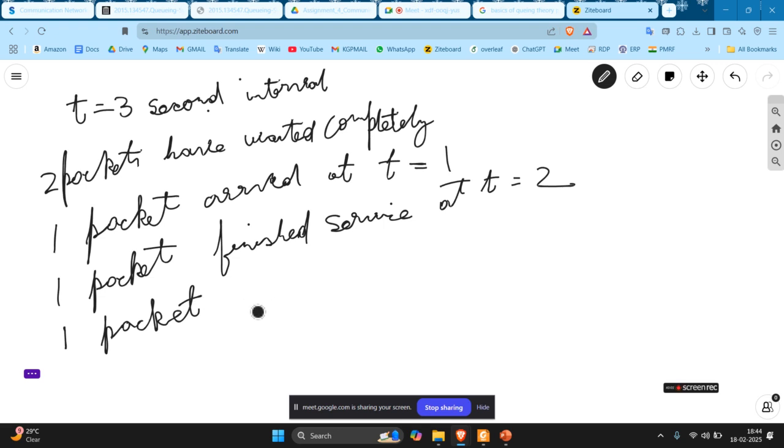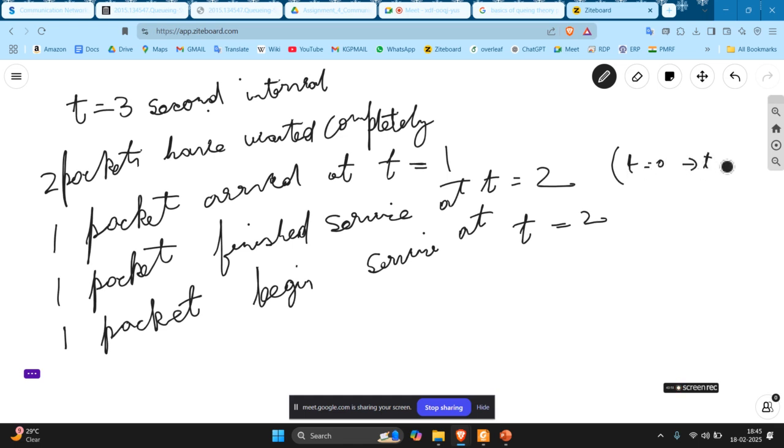So one packet finished service at t equal to 2. So one packet will begin service at t equal to 2. So this one has experienced service from t equal to 0 to t equal to 2, and this one has experienced service from t equal to 2 to t equal to 3.